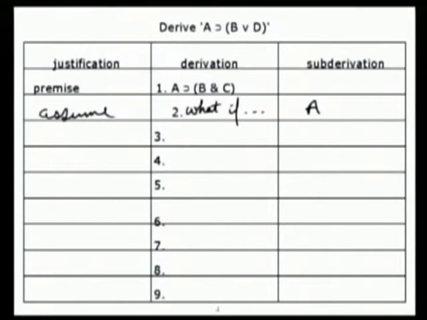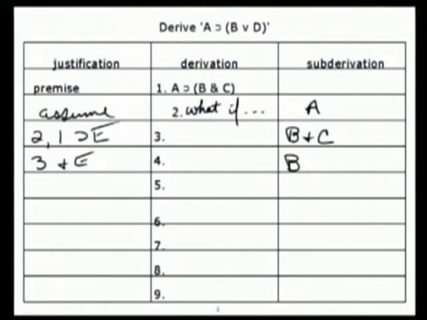All right, so, well, if A were true, then what? Yep, 2, 1, by horseshoe elimination, B ampersand C, right? And then what? Okay, so from line 3, by ampersand elimination, we get B. We want B, because we're after B or D, right?